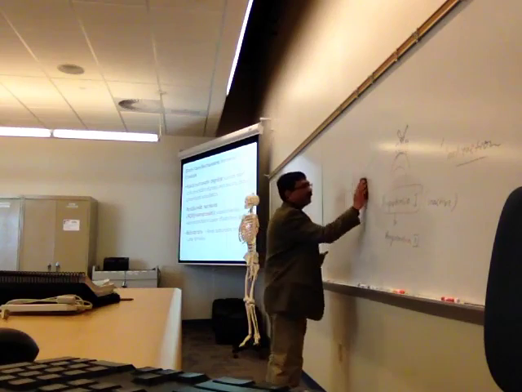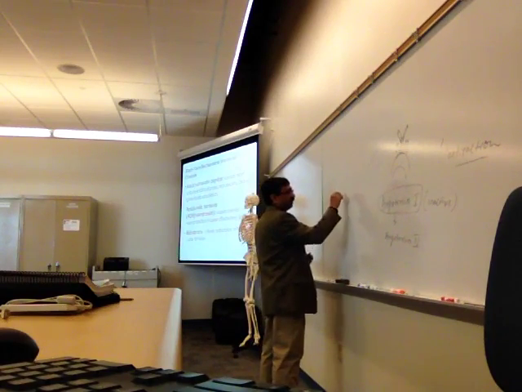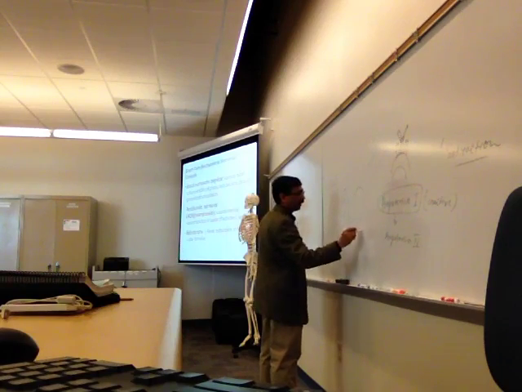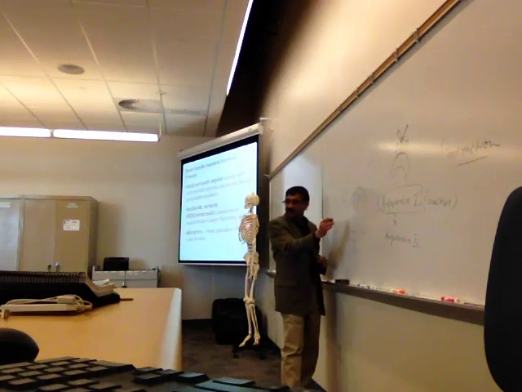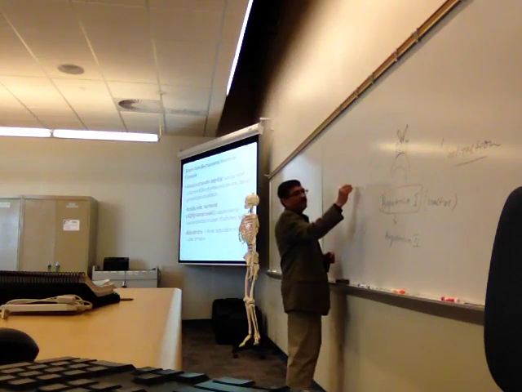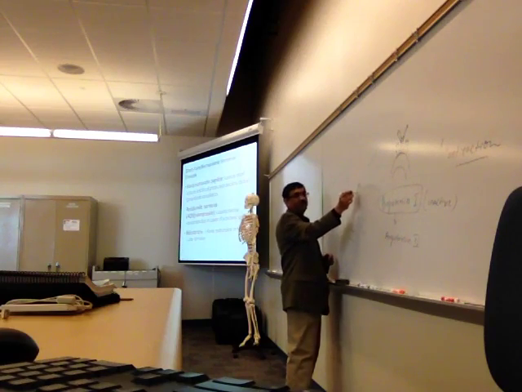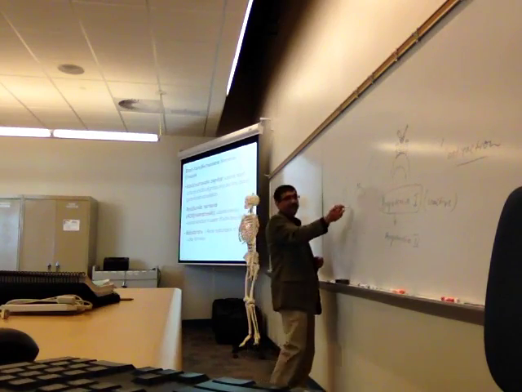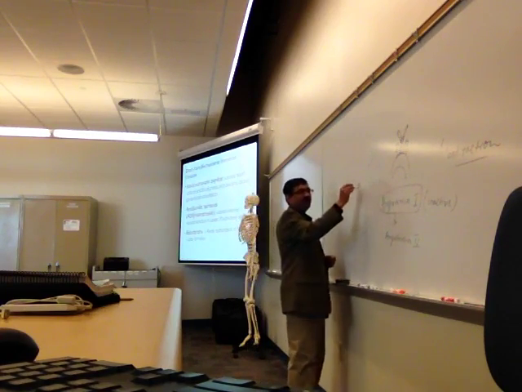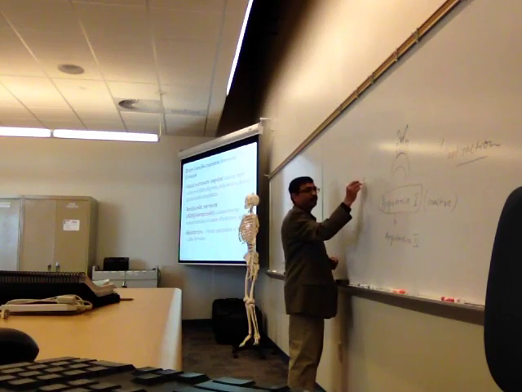Aldosterone works on kidney tubules, on the nephrons. You know that kidneys are filled with nephrons, the tube-like structures. Okay, so this is a nephron or kidney tubule, and aldosterone works here. This part of the kidney tubule. We'll talk about it when we talk about the urinary system. Just know that aldosterone works on kidney tubules or nephrons and helps in reabsorption of sodium.